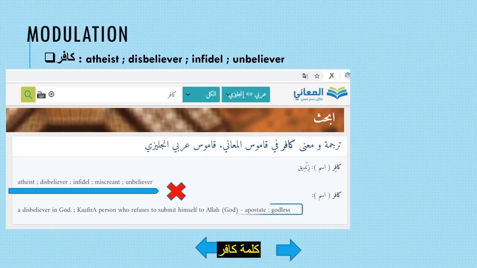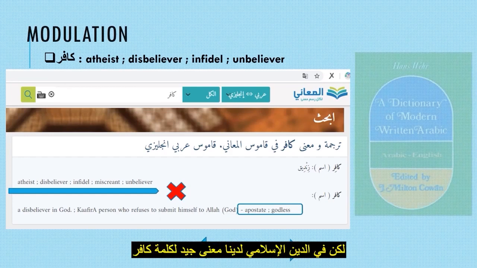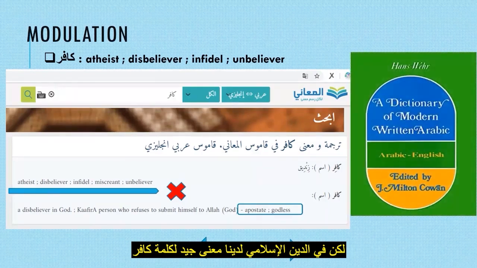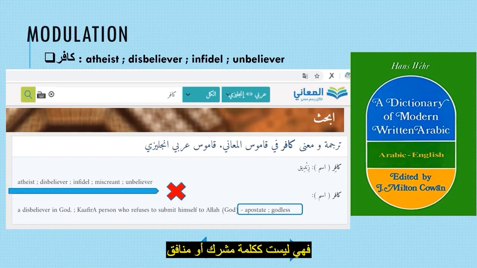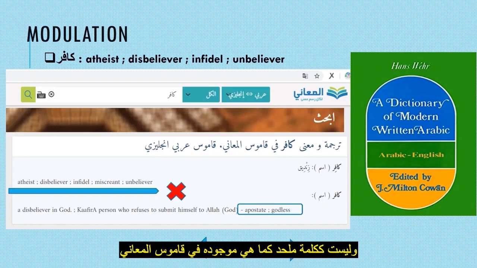The word kafir gives different meaning in different cultures and different languages. But in Islam, we have got a specific meaning for the word kafir. It's not like the word mushrik, it's not like the word munafiq, it's not like apostate in the meaning given by Al-Ma'ani Dictionary.